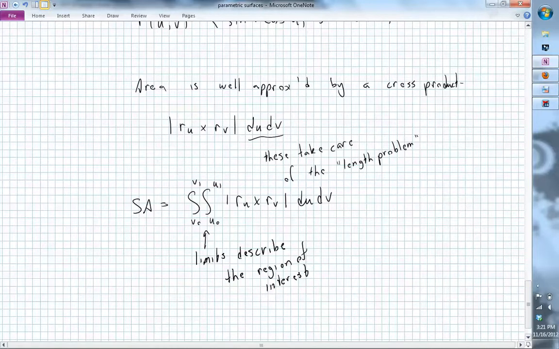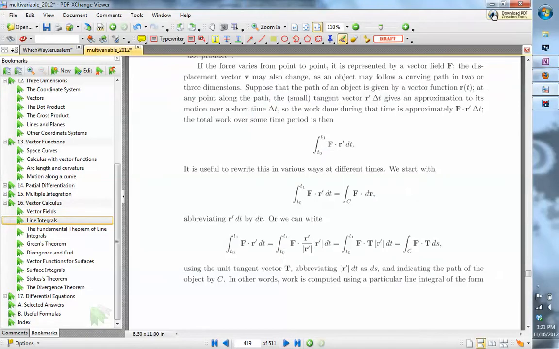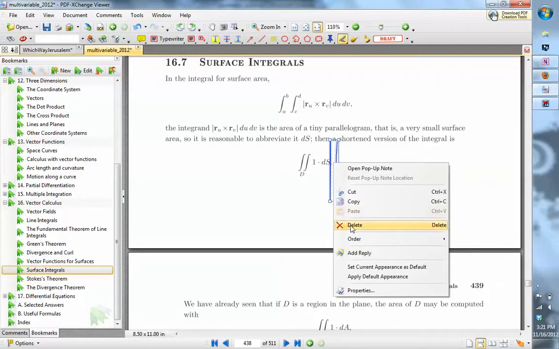Okay. Let me just show you how this thing works in practice. So let me pull up an exercise from the book. I think I still have it marked. Boy, I'm consistent if nothing else.